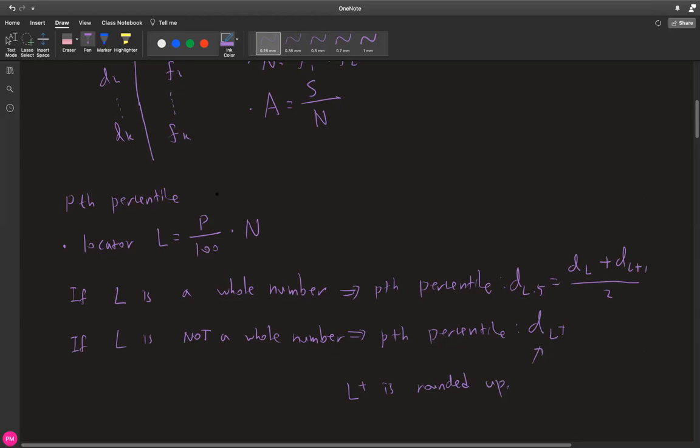Make sure before you do anything like this that you sort the data in ascending order. You have to go from the smallest to the largest, and sort the data like that before you can actually do the locator and find all these numbers.